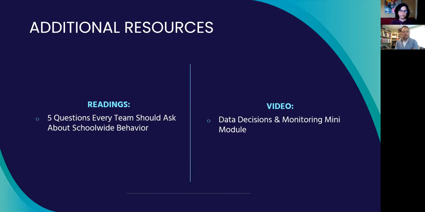It's a really easy read, and it takes 5 questions that PBIS teams should consider when they're reviewing their data for decision making. It will be really helpful. And there's a video from any PBIS. It's quite brief. It's under 11 minutes. And it's focused on 4 steps for selecting, monitoring, and evaluating your PBIS practices, which will go along with what we're talking about today.